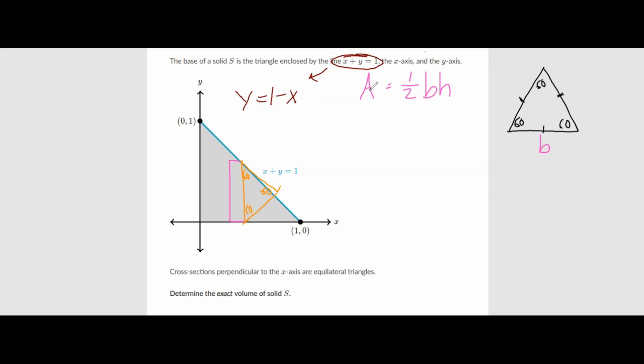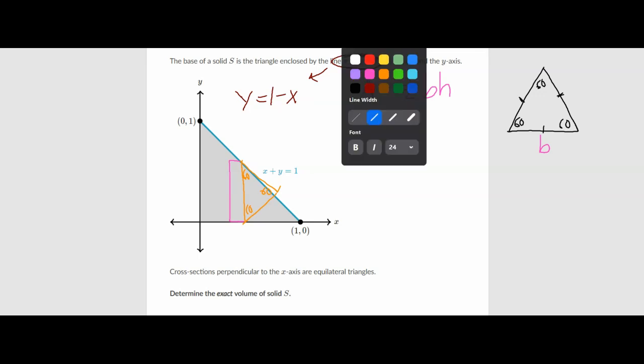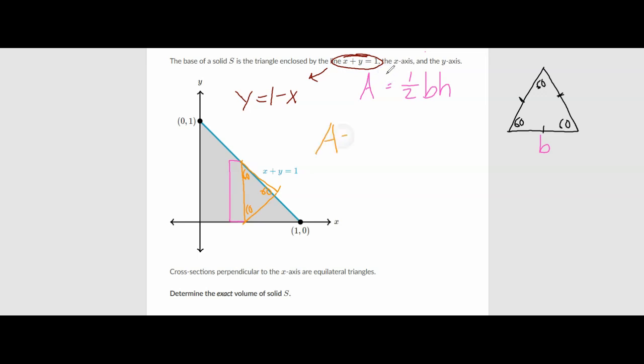That is going to be the length of our base. So I can start off with area is equal to 1/2 times the difference of 1 and x, 1 minus x. Well, I still need to figure out the height of this triangle, and that's where the challenge comes in.